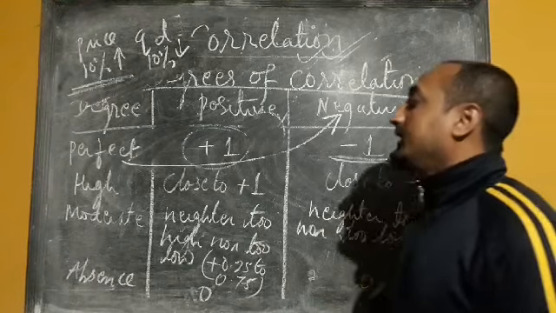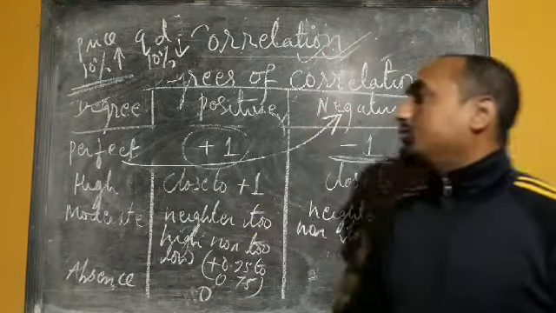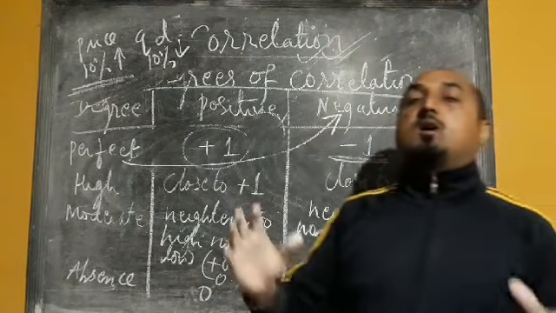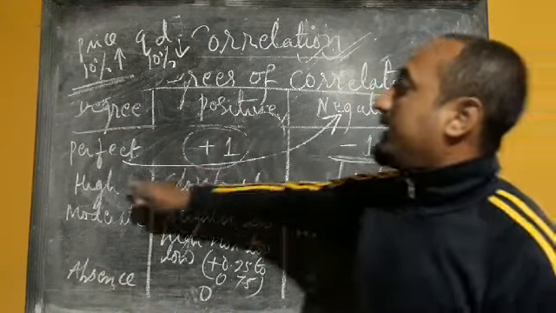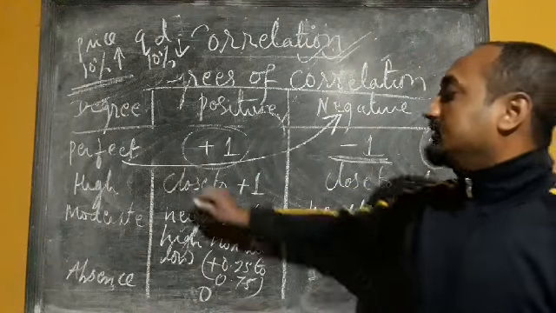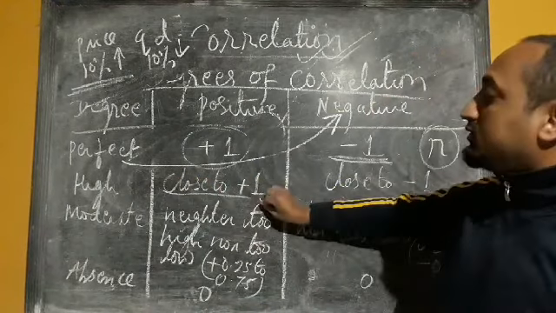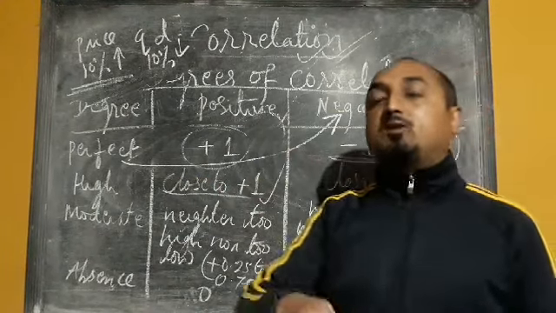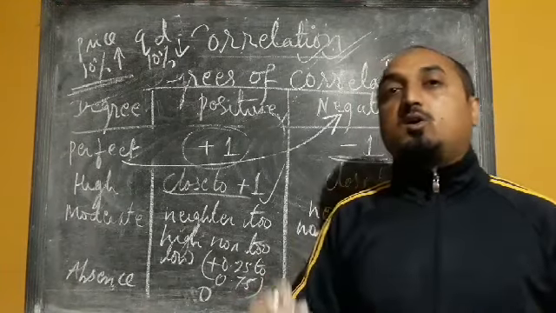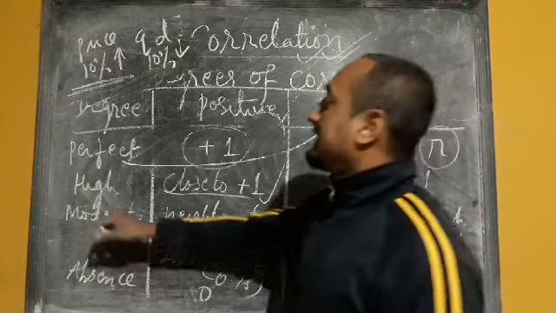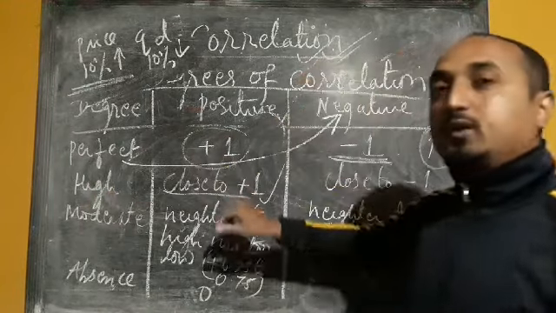Okay, now next one, high. So high correlation means, in the case of high positive correlation, the value of r will be closer to plus 1. When we calculate the value of r, if the value of r is coming 0.98 or 0.99, then we can say that there is a high positive correlation.